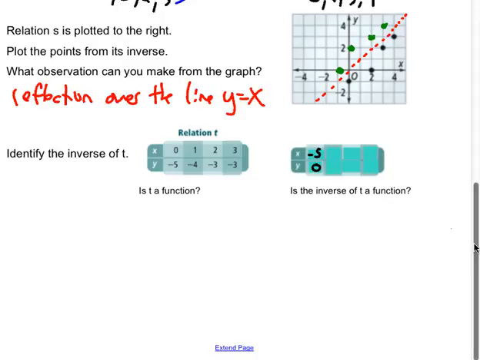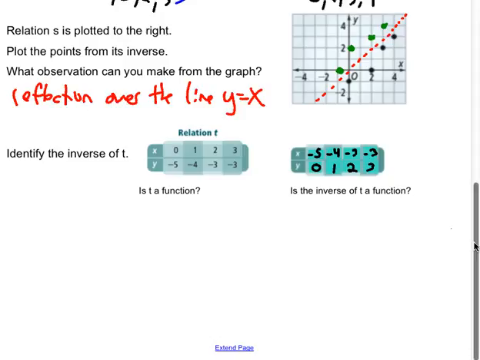Instead of (1, -4), we're going to be talking about (-4, 1). Instead of (2, -3), we're going to be talking about (-3, 2). And then instead of (3, -3), we're going to be talking about (-3, 3). So we're taking all the x's and y's and we're merely flipping them.